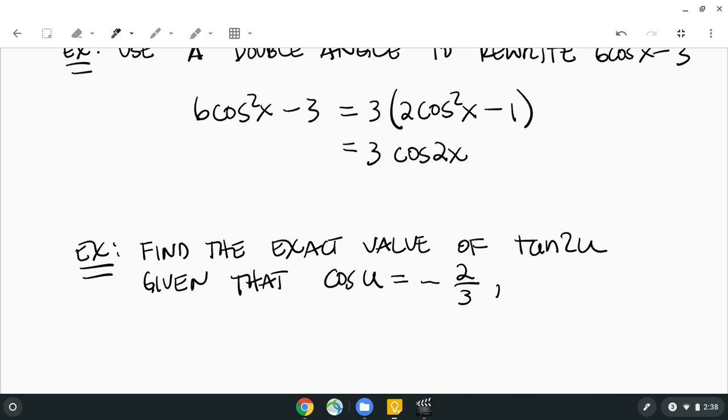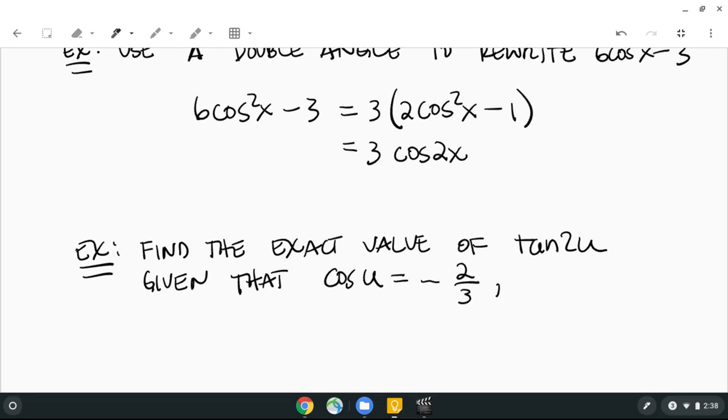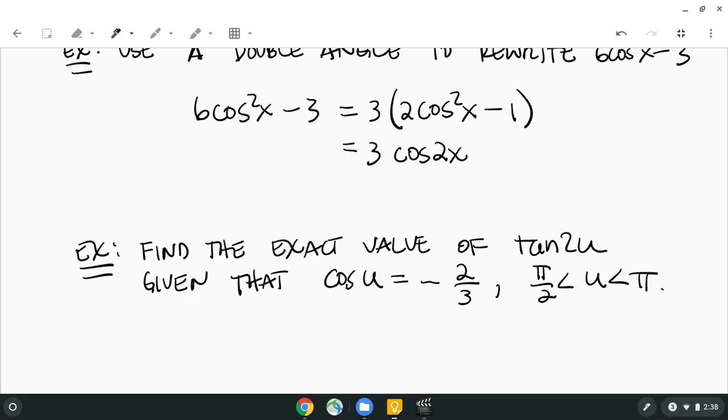And u is between pi over 2 and pi. Okay, so lots of clues here.